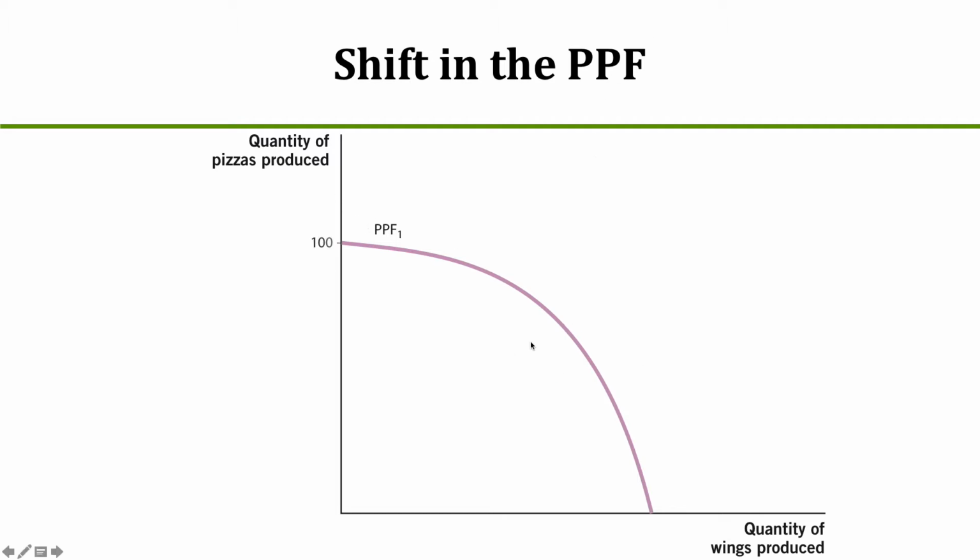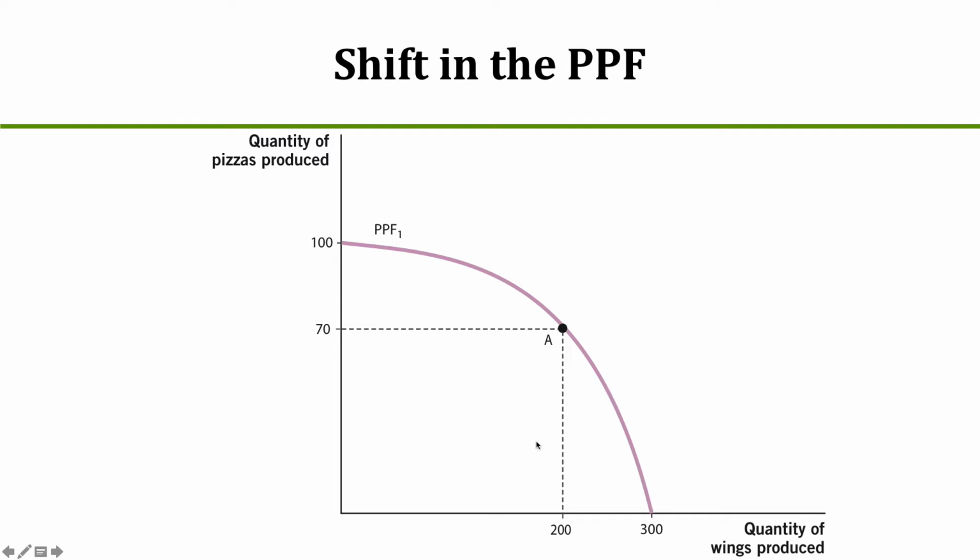And now we will try to expand our resources or the technology, and we will try to use that increase in resources and technology in only the production of one good. As you can see, the maximum amount of pizza produced here is 100, and the maximum amount of wings produced here is 300. Right now the country is at point A, and currently it's producing 70 pizza and 200 wings.